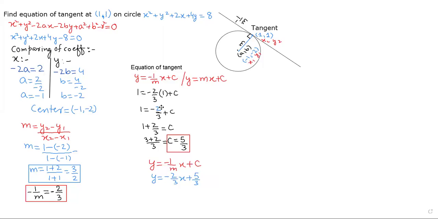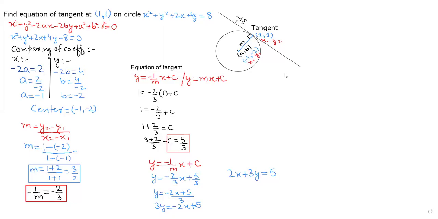Now, as you can see, 3 is the denominator of all, so I can shift 3 to the other side. First of all, taking the LCM means minus 2x plus 5 upon 3. 3 is shifted over there: 3y equals minus 2x plus 5. And the final result for the equation of the tangent will be 2x plus 3y equals 5.